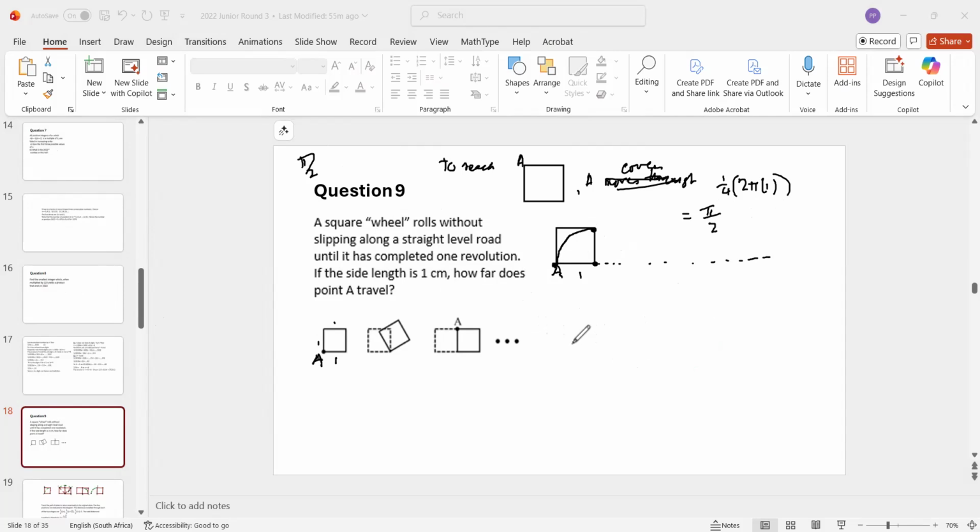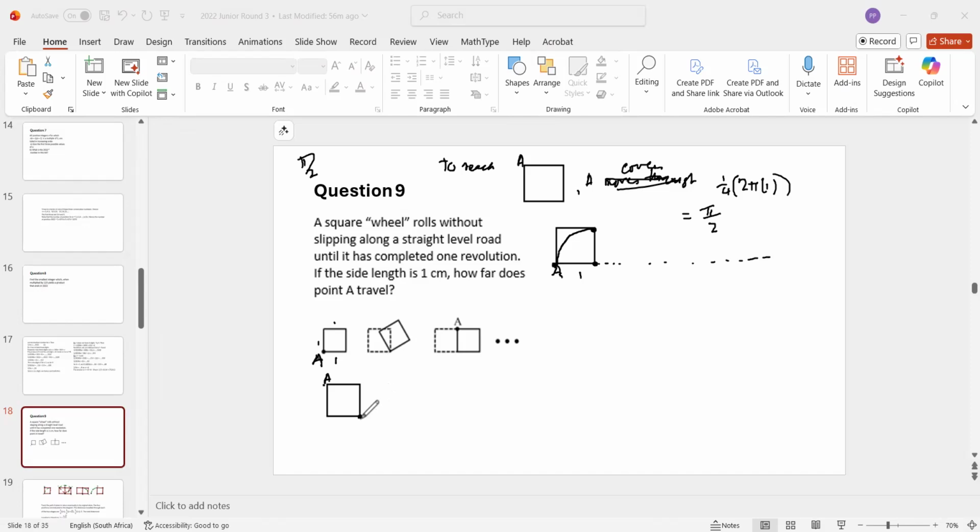Now we are at this position, and A is here after going through a quarter of a circle. Now we want A to come here.